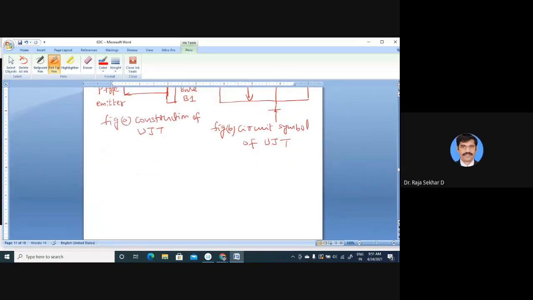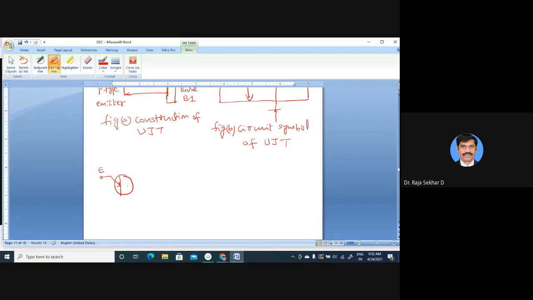See the symbol of UJT. This direction, the emitter direction, indicates the conventional current direction, same as in transistors.